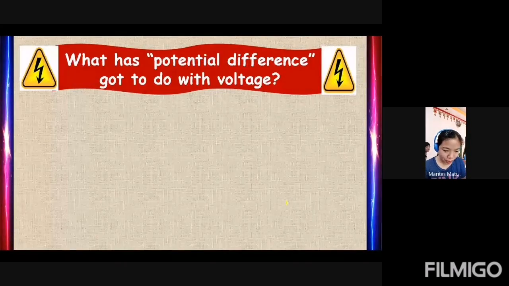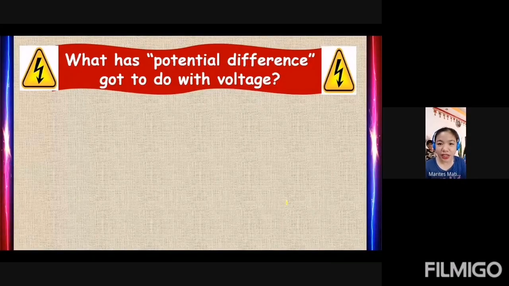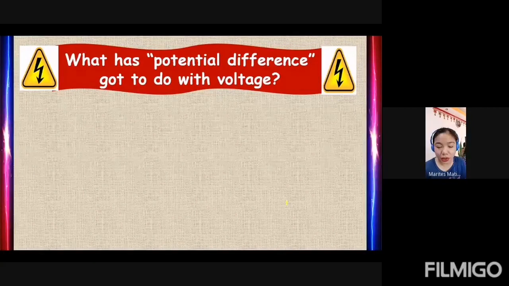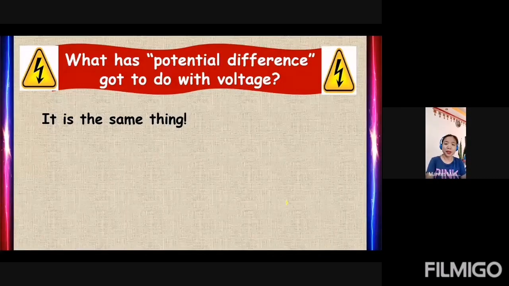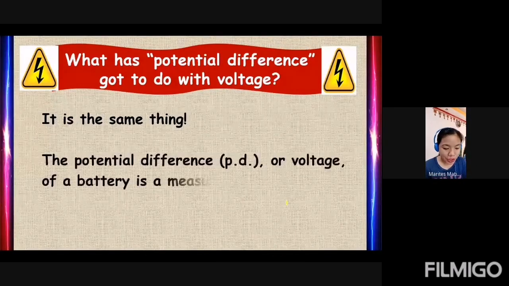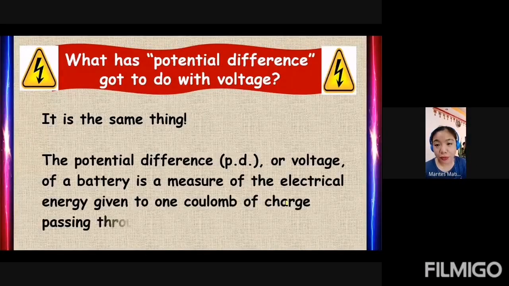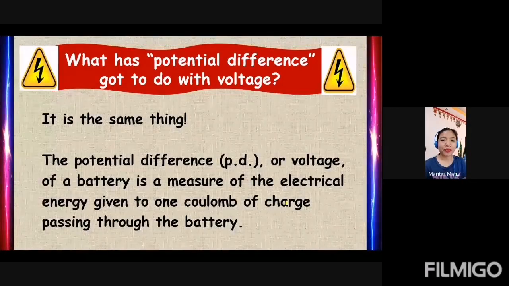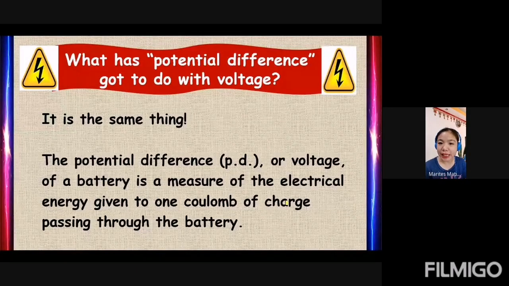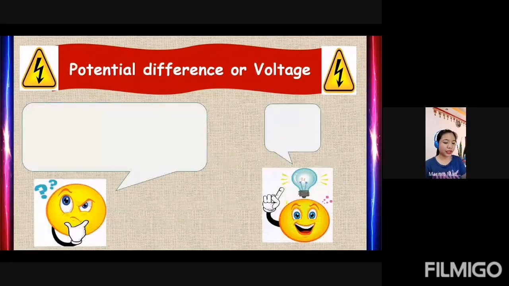Okay? So what has potential difference got to do with the voltage? It is the same thing. Paano kaya yun? So the potential difference or the PD or voltage, parehas lang yan. Okay? Of a battery is measured by the electrical energy given to 1 coulomb of charge passing through the battery. So, tignan natin to.